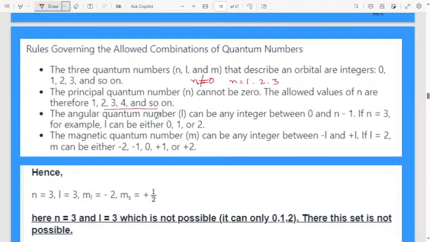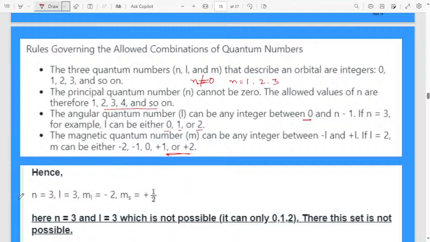For the angular quantum number L, it may be 0, between 0 and n minus 1. If n is 3, for example, L can be 0, 1, 2. The magnetic quantum number can be any integer between -L and +L. If L is equal to 2, m can be -2, -1, 0, +1 or +2.